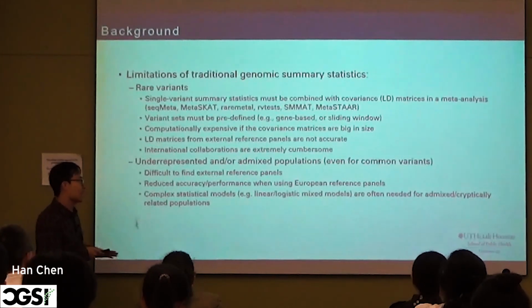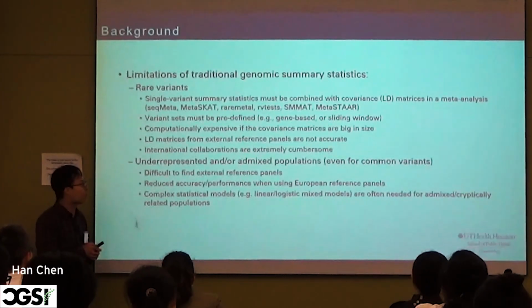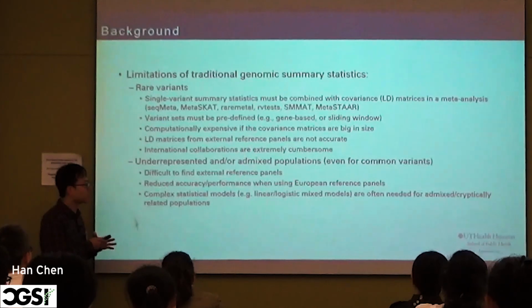But the short answer is that, sometimes it works better than using only European reference panels because you have more haplotypes. But generally, it doesn't work well if you want to look at the LD because these are mixed populations.